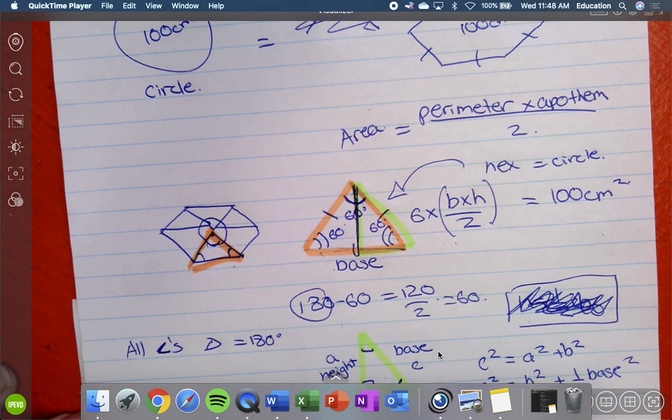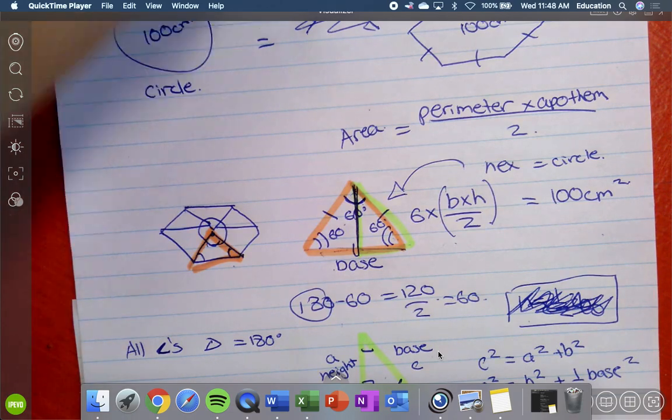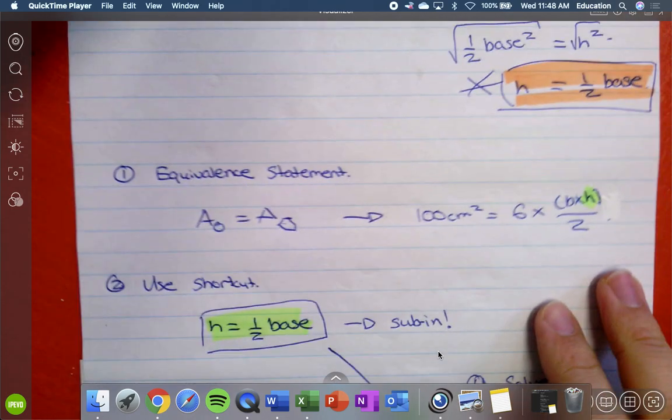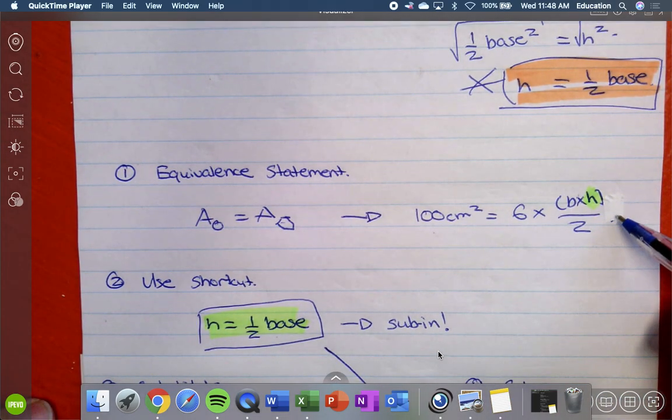Because we can't write base and height, that's 2 different numbers. But I was able to show you how you can represent height by only using base. If you wanted to solve this, you wouldn't be able to, because you would have base and a height.